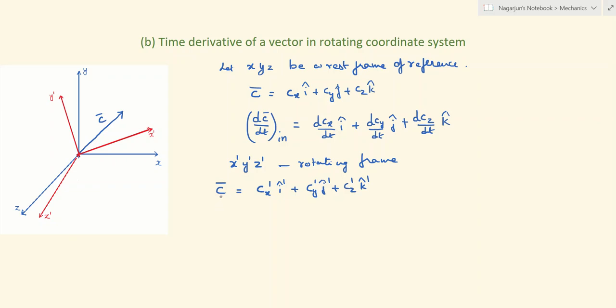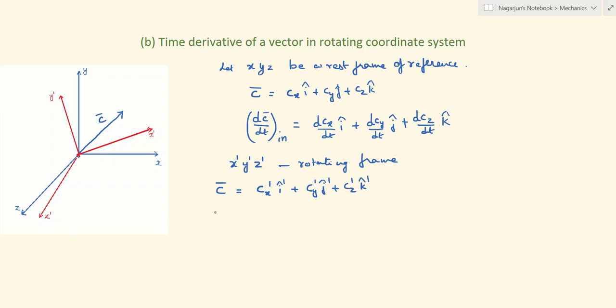We are talking about the same vector c bar but in a different frame of reference, so do not put a dash here. It is c bar, the same vector with a different frame of reference, which is a rotating one.